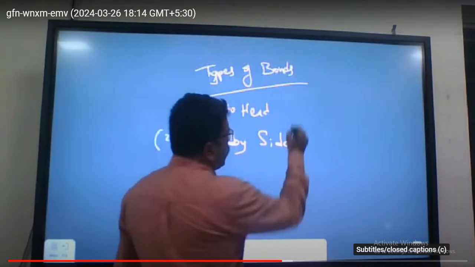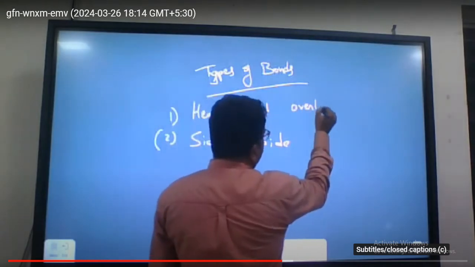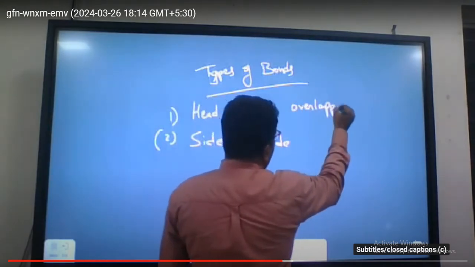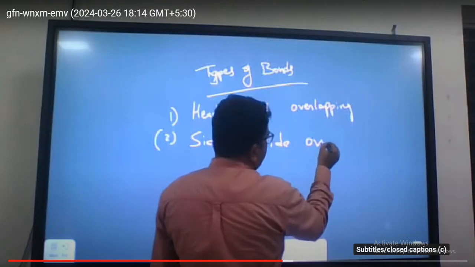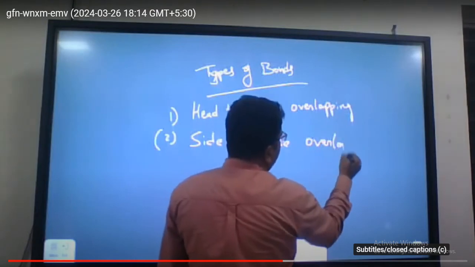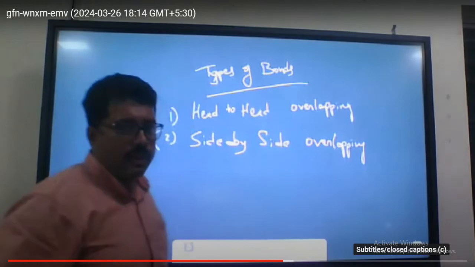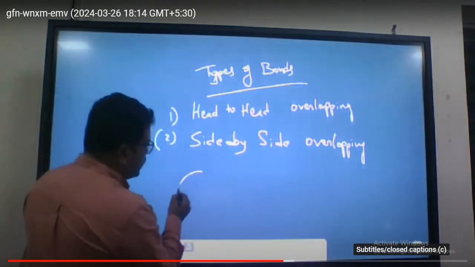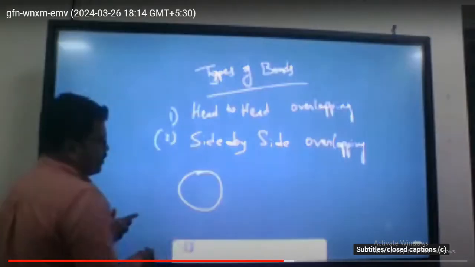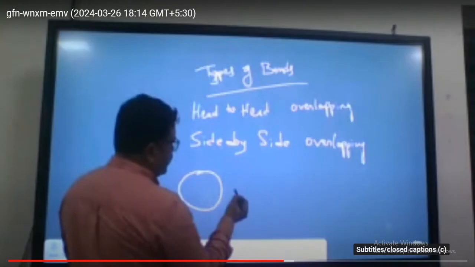This is head to head overlapping, and this is side by side overlapping. Head to head already. So for this orbital, I will take x.